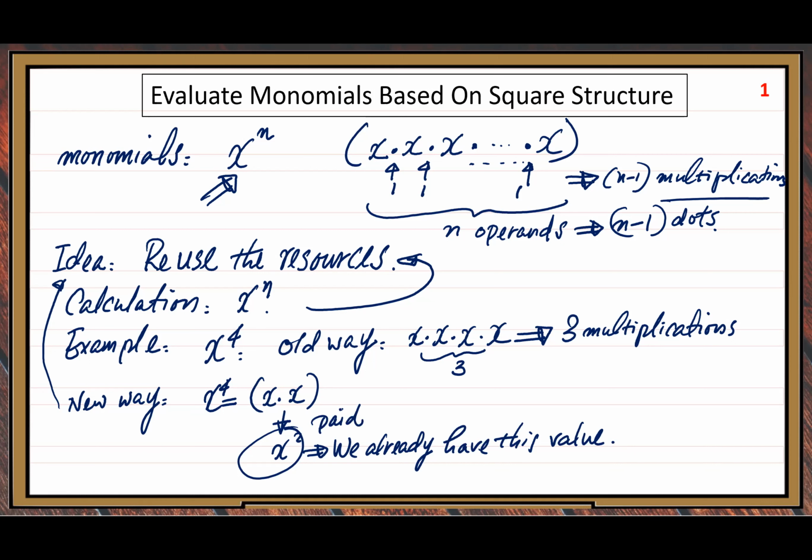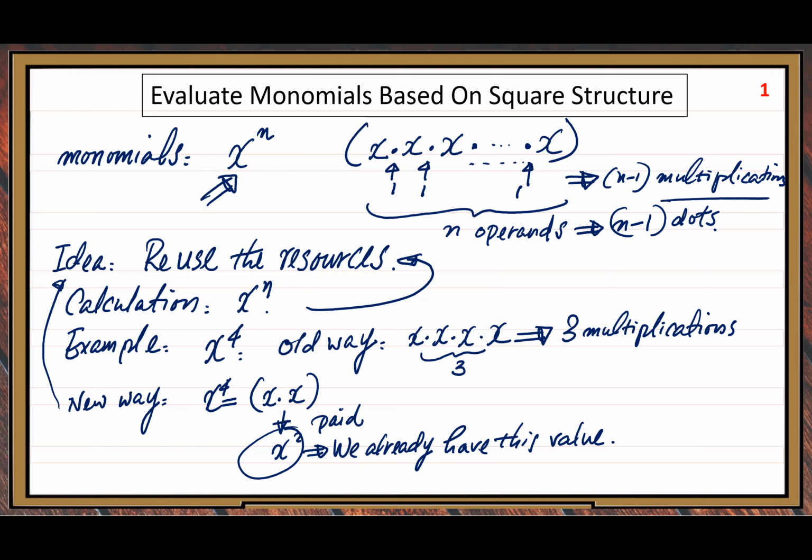It's not free. When you do the calculation x times x, you need to pay something. Although you may feel it's very cheap, you need to pay something here. So it is paid, and we have that value in our hand. So the question: do you want to pay for it again? If you already have the value, the next time you need it, do you need to pay again?